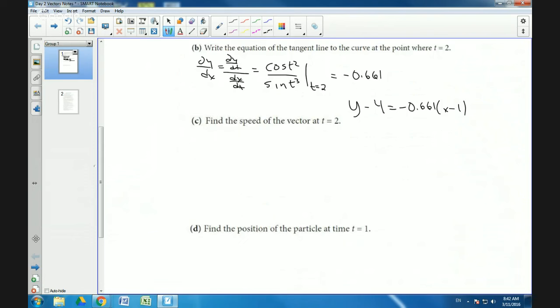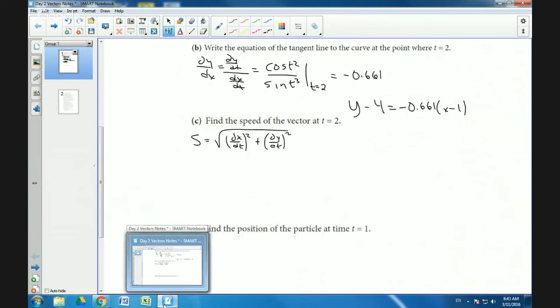Speed. And again, I always suggest writing these down so they stick in your brain better. Okay. So what is dx/dt squared at 2?